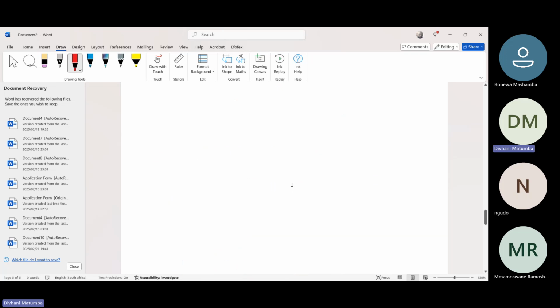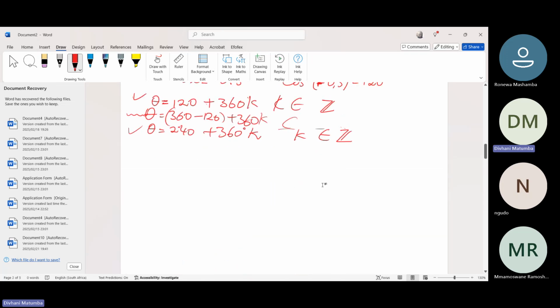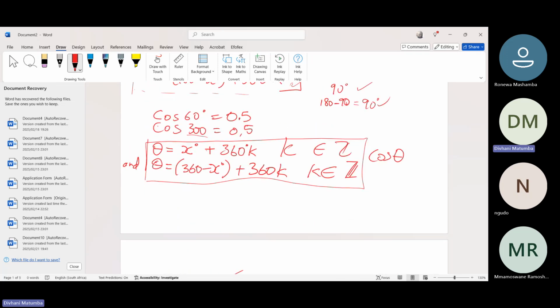We are very lucky that when dealing with tan functions, if you have the tan of an angle equals theta, we will only have the angle equals theta plus 180 degrees K, where K is an element of all integers.